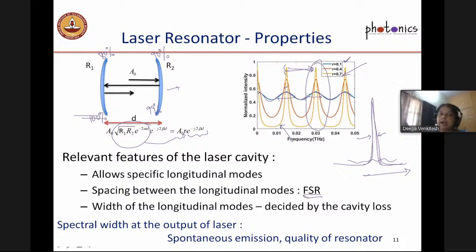Of course, you need to have emission coming with all frequencies, and it's also decided by the quality of this resonator. By quality, I mean the value of R. The larger the value of R, the closer it is to 1, it means the quality factor of your resonator is really large, which means that the light that is emitted from this cavity is actually very narrow in frequency.